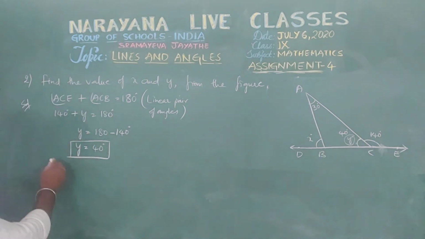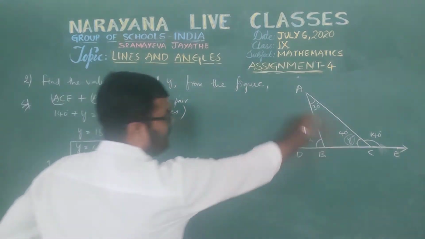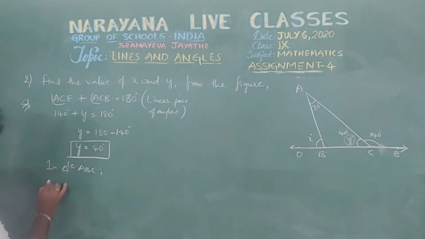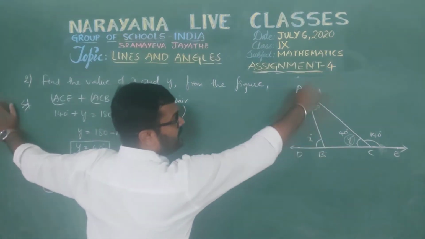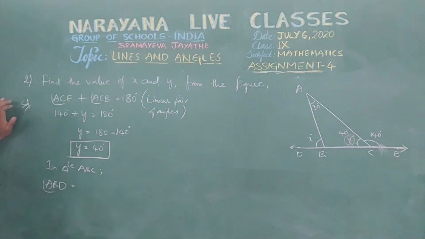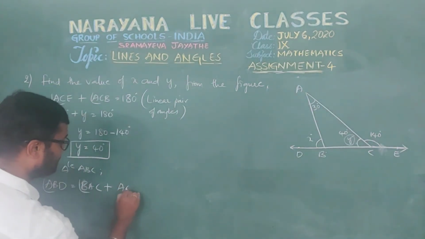So now in triangle ABC, this angle ABD is equal to angle BAC plus angle ACB.